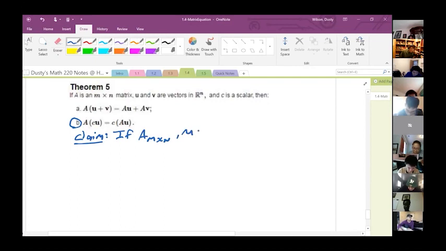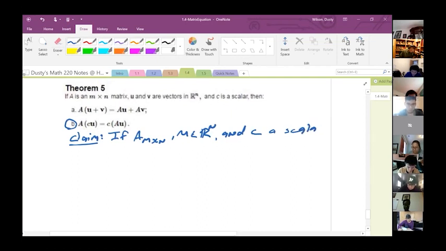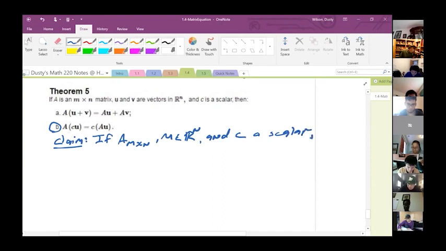So u is in R^n, and c a scalar, then we're saying that A times cu equals c times Au.